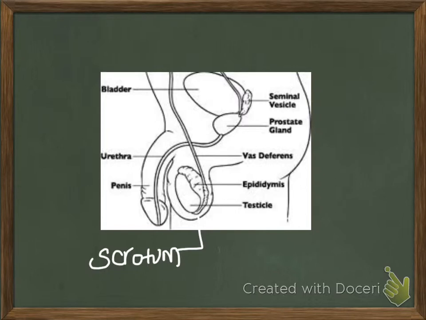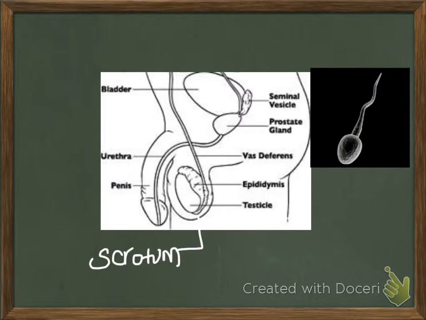Now we'll show you how a sperm looks. This is a picture of a sperm. Basically a sperm is a single cell with the entire usual cell component, and it is a male reproductive gamete.